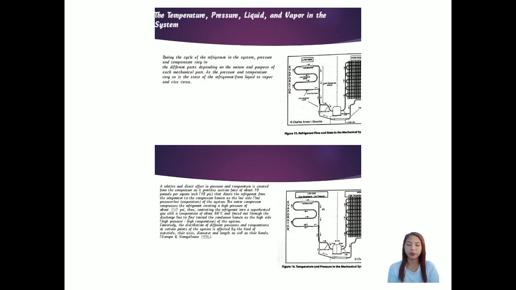The motor compressor compresses the refrigerant, creating a high pressure of about 250 psi, thus converting the refrigerant into superheated gas with a temperature of about 66 degrees Celsius, and forces it out the discharge line to flow toward what is known as the high side of the system.